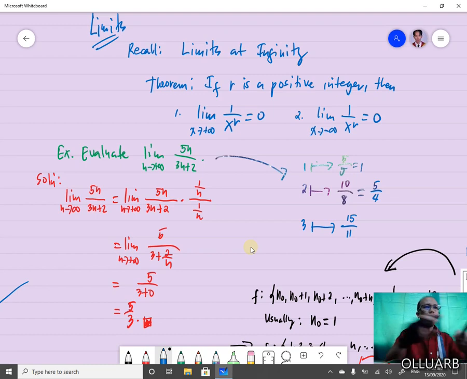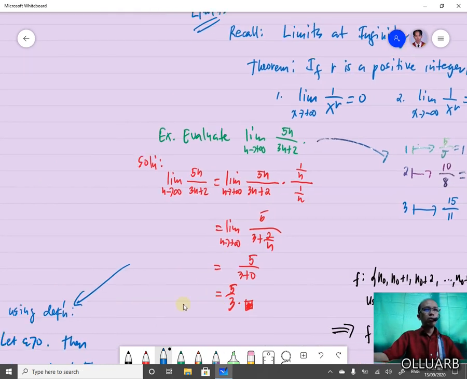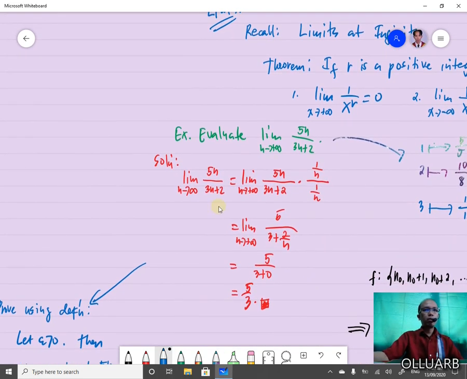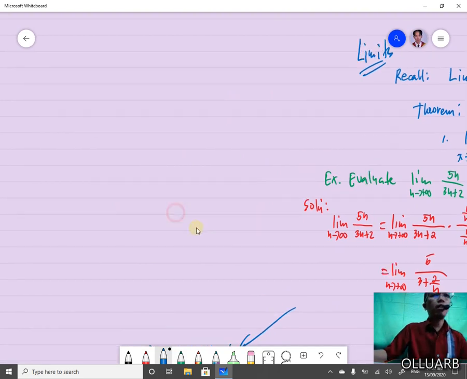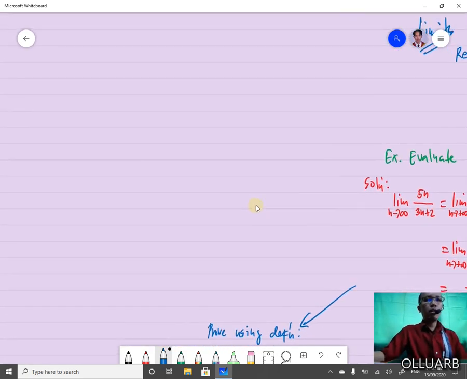Okay, what I will show you is this example. Why is it that the limit is 5 over 3 by using the definition?